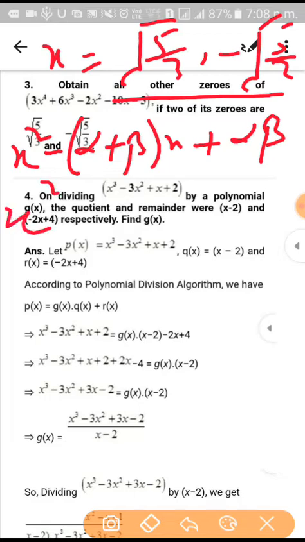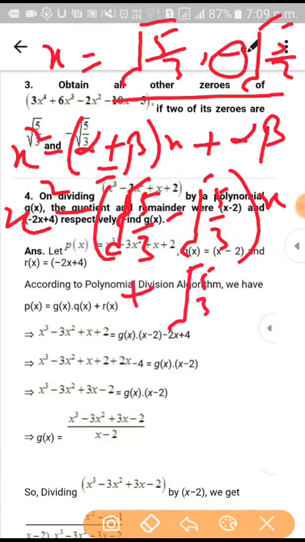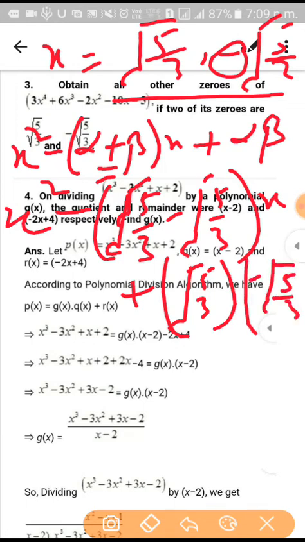So this is x square minus (alpha plus beta), root 5 by 3 plus minus root 5 by 3, into x plus alpha into beta, root 5 by 3 multiplied by minus root 5 by 3. So what will we get?